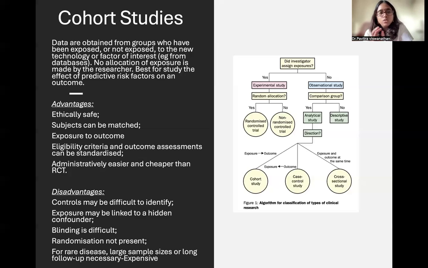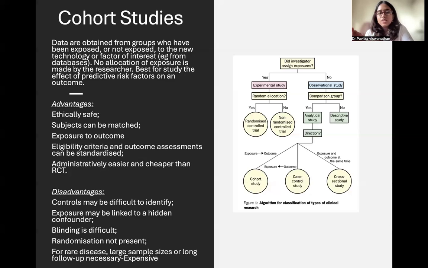This is best for trying to tell that this has caused this. It is ethically safe. You definitely need to have ethical clearance before doing these sorts of studies, any interventional study for that matter. Subjects can be matched. You definitely know this is the exposure that you are going to introduce because you are controlling other factors.